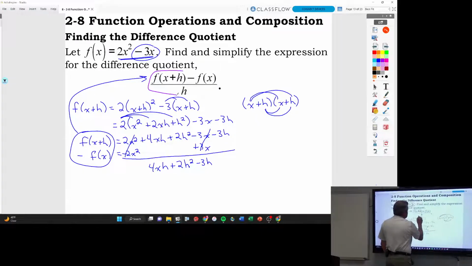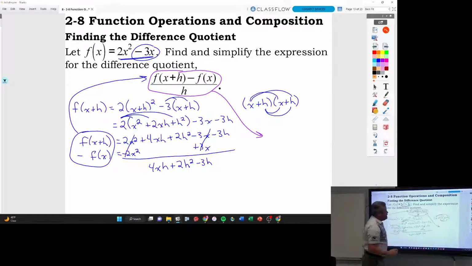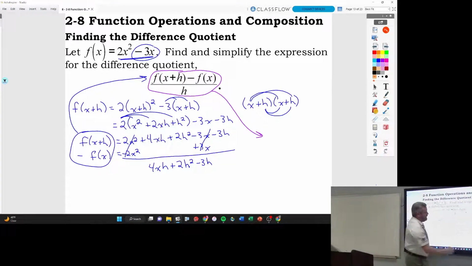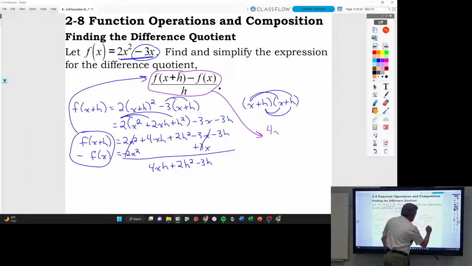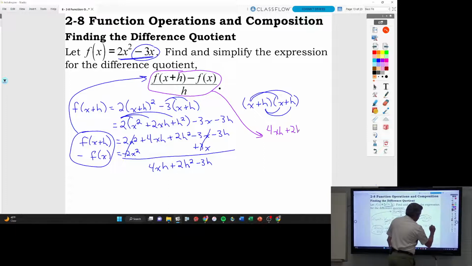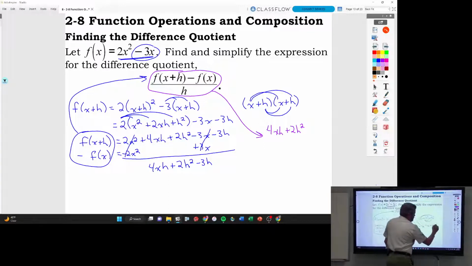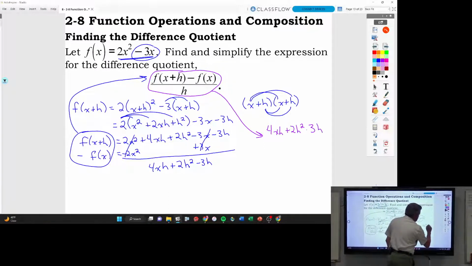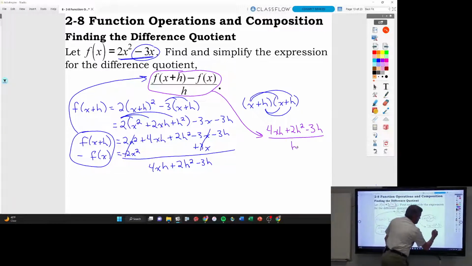This is my difference quotient. My numerator is 4xh plus 2h squared minus 3h, divided by my denominator, which is h.